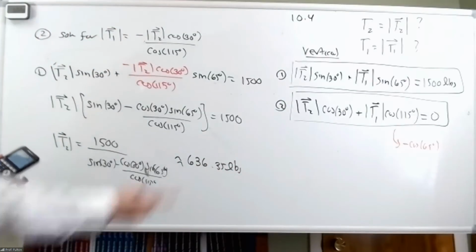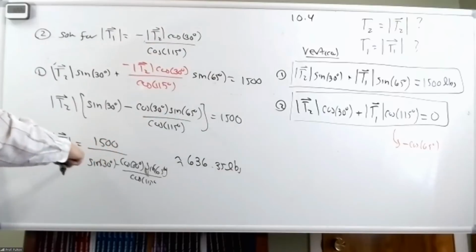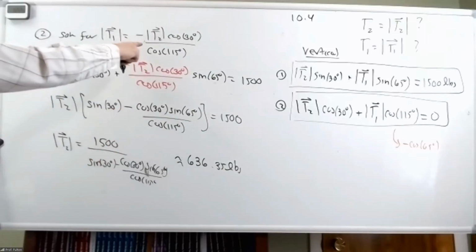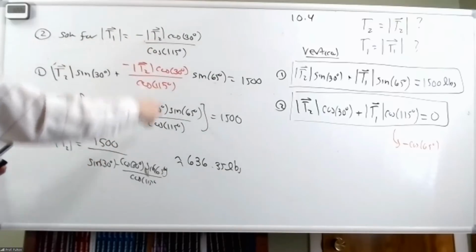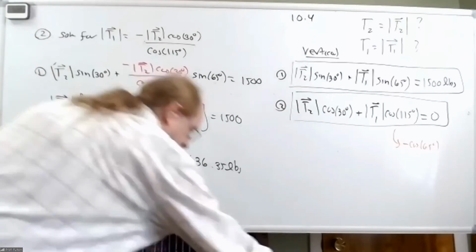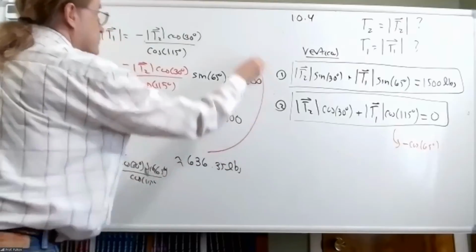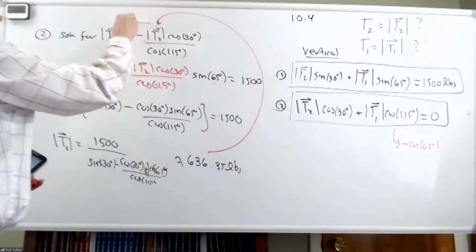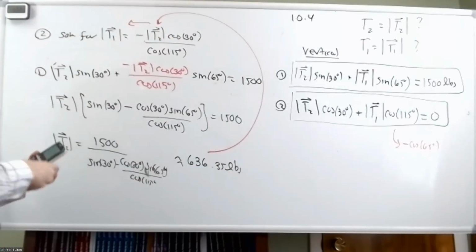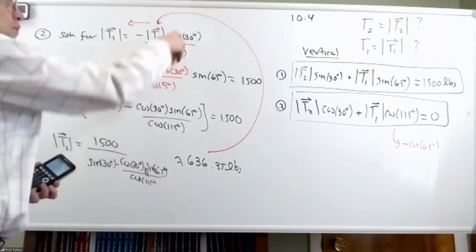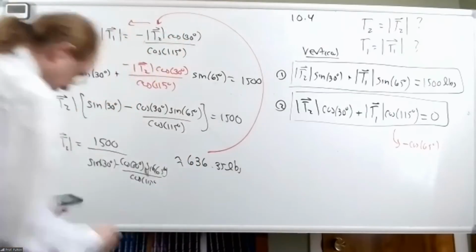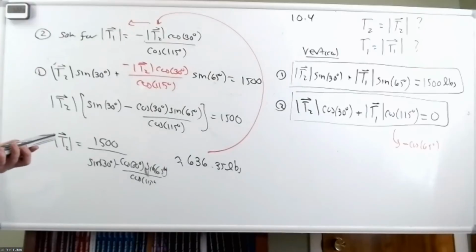Now I can use that in here. So I have this value here, I have T sub 2. Take this T sub 2 I just got and substitute this for T sub 2 over here. That's going to give me my T sub 1. So I take that value, multiply it by the cosine of 30, and divide that by the cosine of 115.